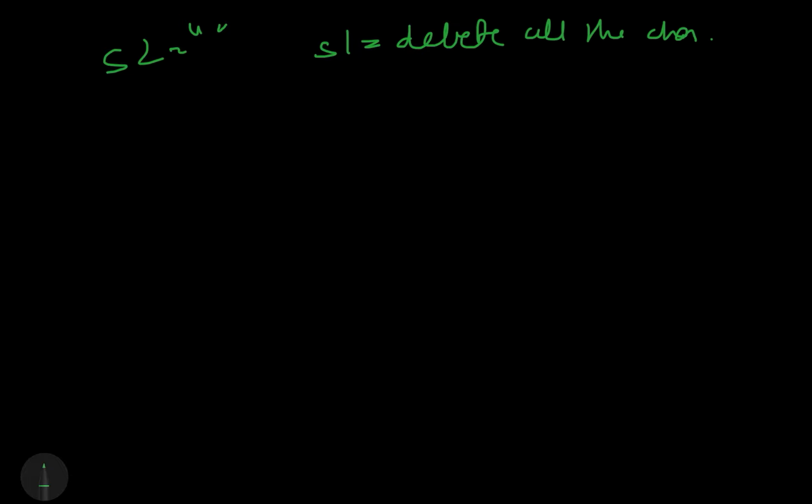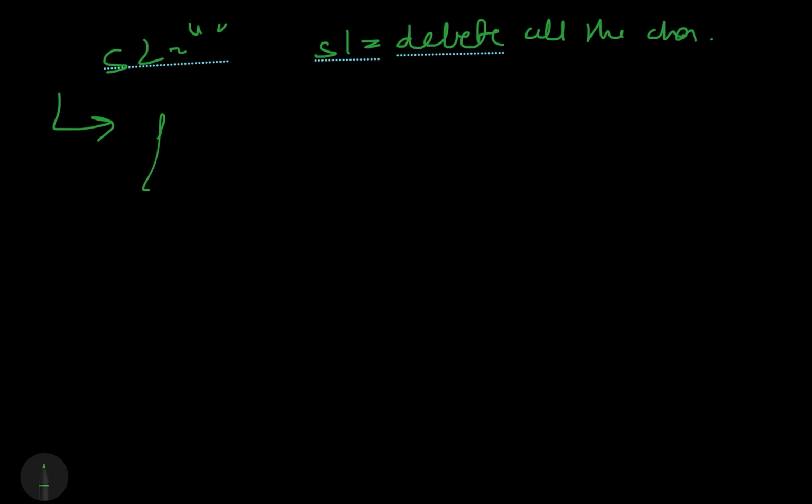Okay, so now let's see the base cases. Suppose our s2 is empty. Then we have to delete all the characters from s1. How will we code this?